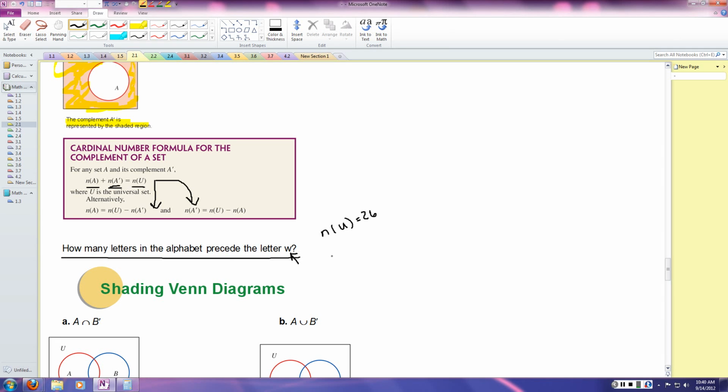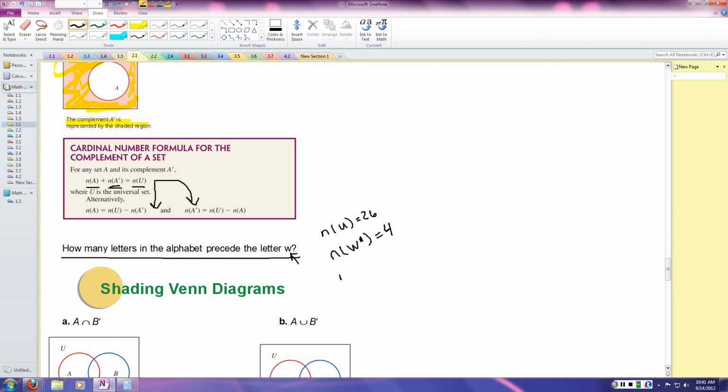So we have W, X, Y, and Z. So the size of, let's just call it W naught, because preceding the letter W would be how many letters in the alphabet preceding the letter W. So we wouldn't count W in that. So W, X, Y, and Z would be letters that come after W or that are W. So the size of this is 4.